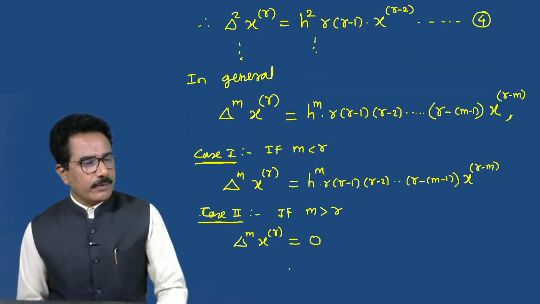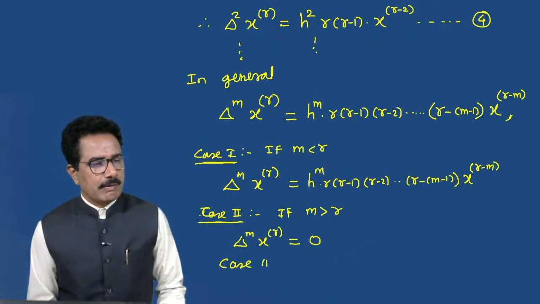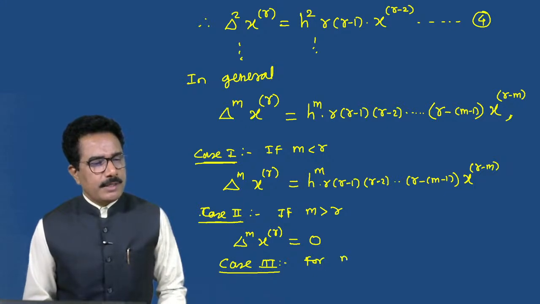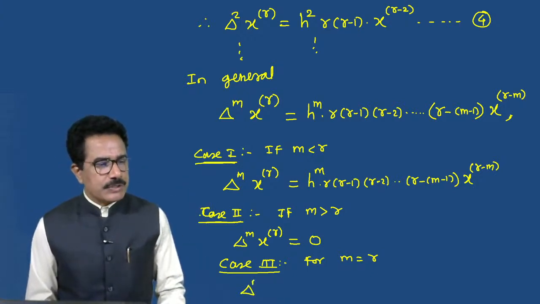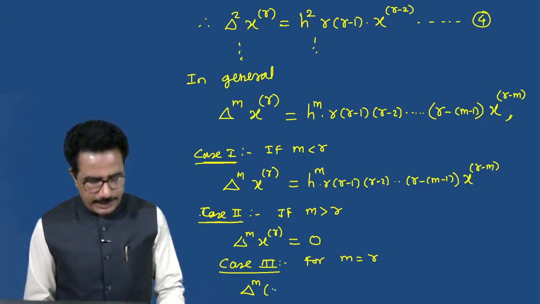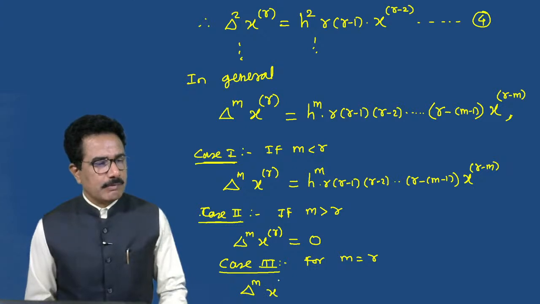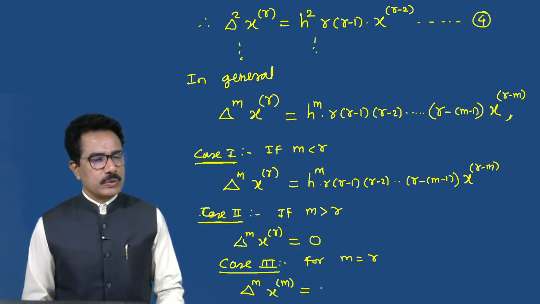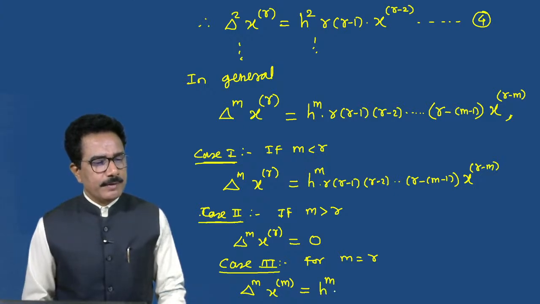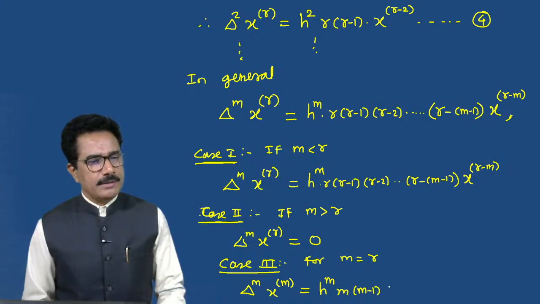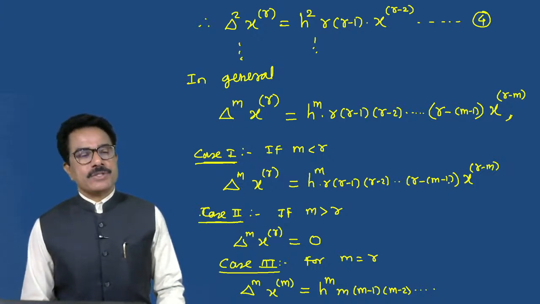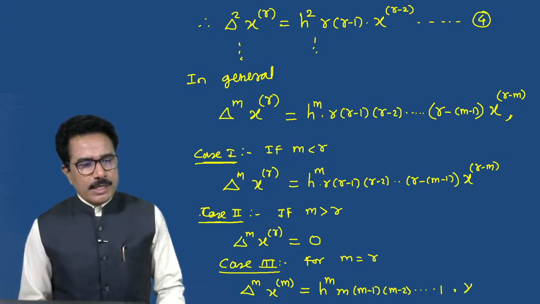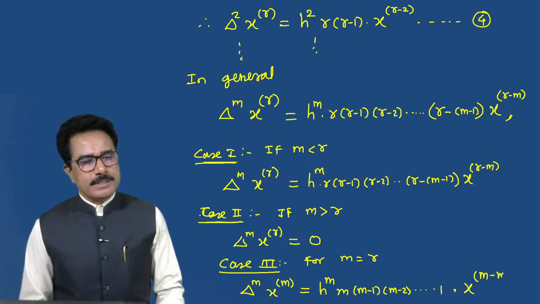So now case 3, for m equal to r. If the value of m is r, look what happens. Then delta raised to m x to the power m factorial is equal to h raised to m into m minus 1, m minus 2, dot dot dot, m minus 1 means 1, into x to the power m minus m.